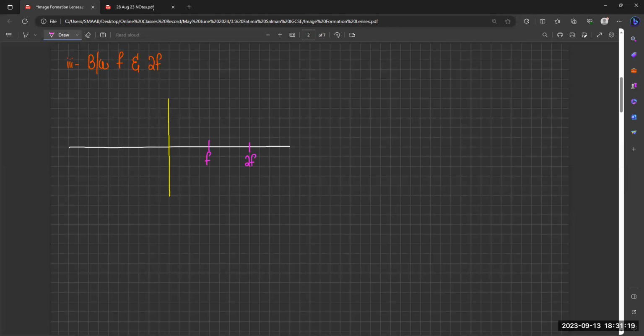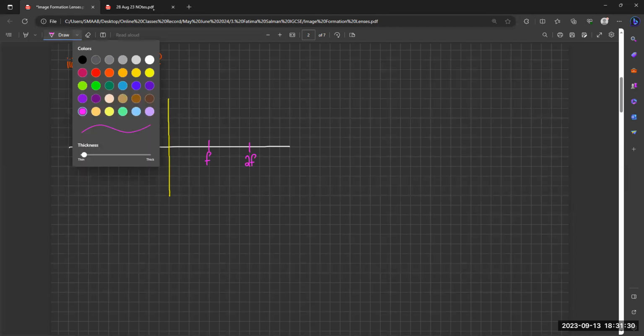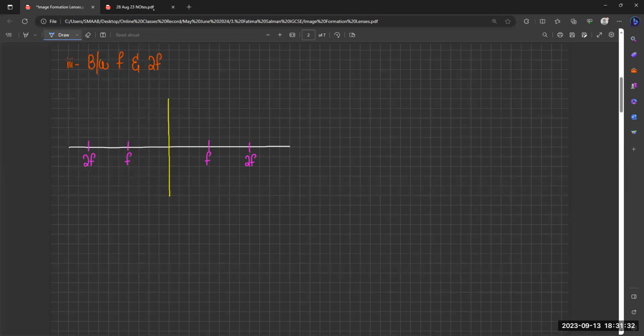So 1, 2, 3, 4, 1, 2, 3, 4. Let's suppose we place the object in the middle between F and 2F. You may place F anywhere, but we are just placing it straight in the middle between F and 2F. So this is the position of the object this time.